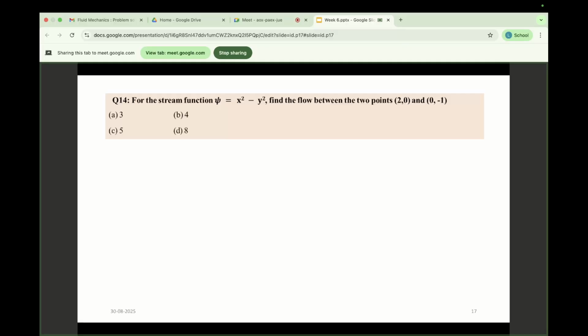If you find the difference of the stream function at 2 points, that is the volumetric flow rate, the flow between 2 points. So 2 points are given, you have to find this.